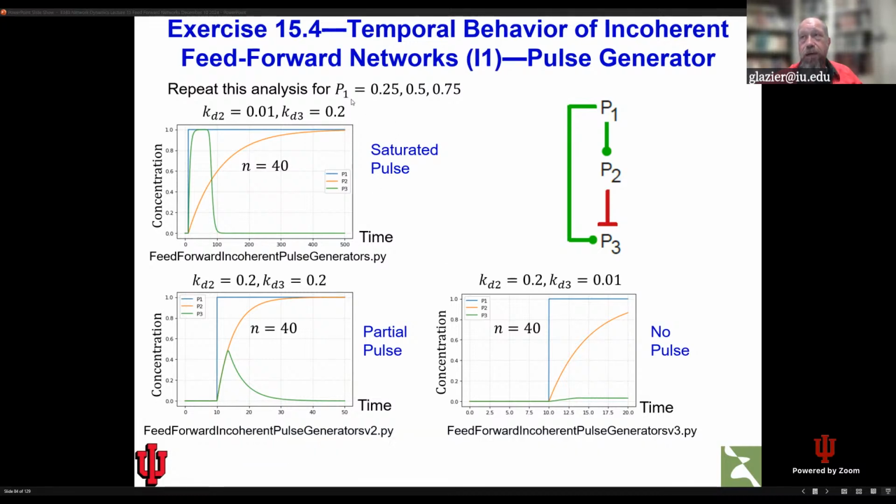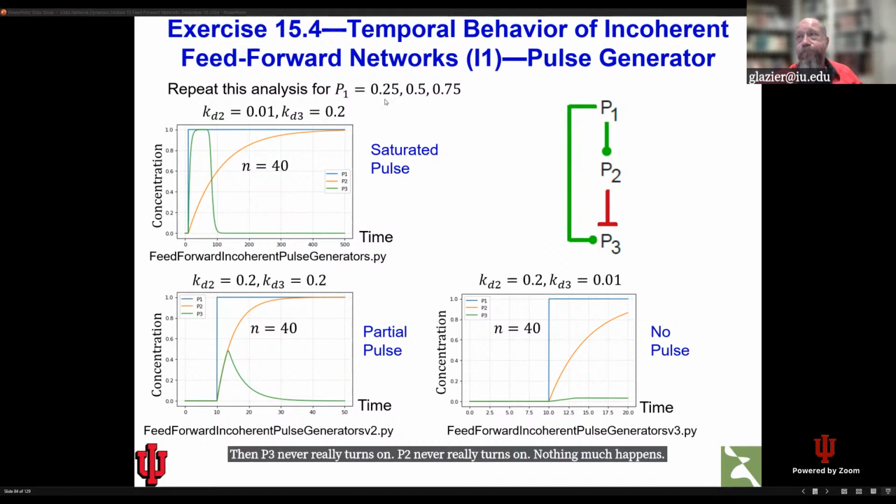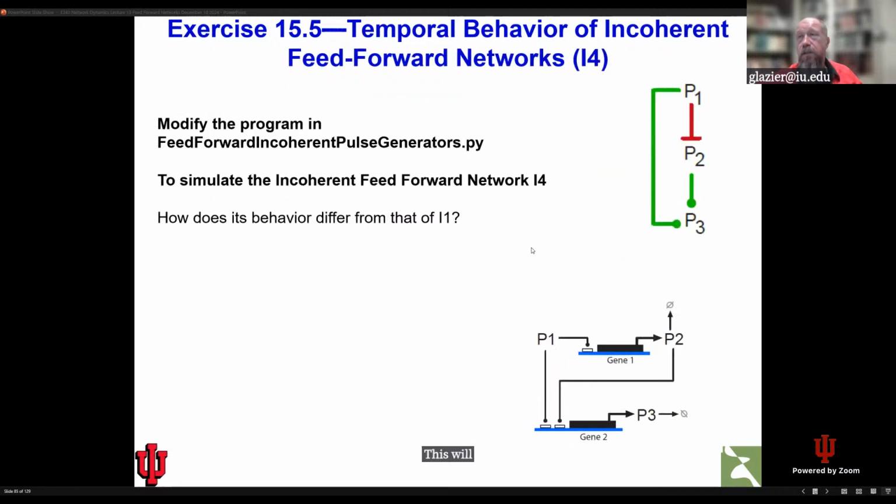And it also depends on the value of P1. If we don't bring P1 up to 1, if we make P1 0.25, then P3 never really turns on. P2 never really turns on. Nothing much happens. If we make it 0.75, this will happen, but it'll be slower.